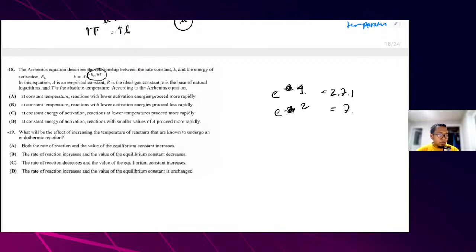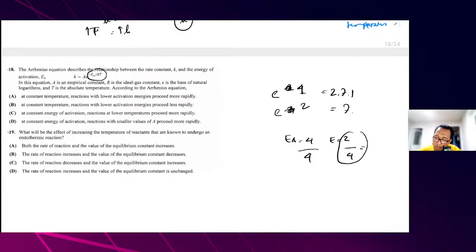Now let's take a look at the options. At constant temperature, for a reaction with lower activation energy, if we have EA of 4 and EA of 2, and the temperature is still 4, the value of this part will be lower.